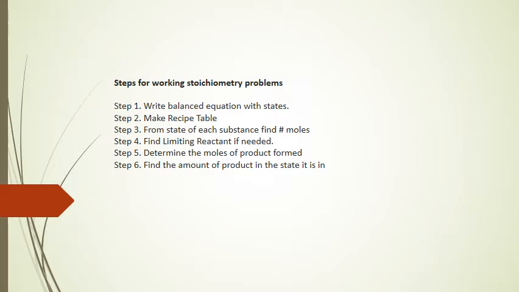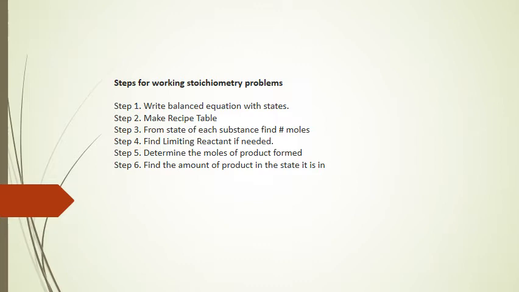All right, so the last video got you started on how to do stoichiometry problems for chemical reactions, and we did a problem at the end there. The key thing here, at least the way that I do it (other teachers would do it a different way), is first of all to set up what I call a recipe table.